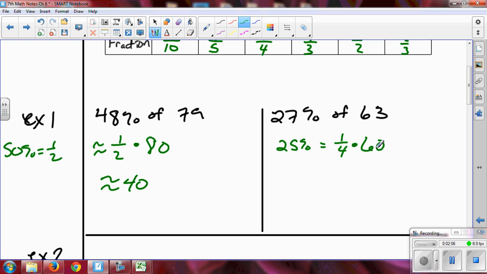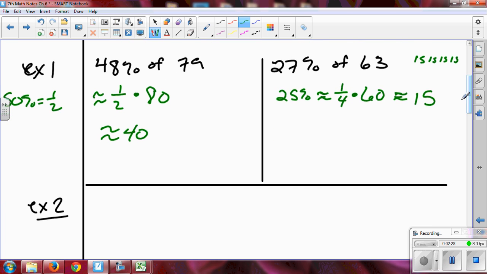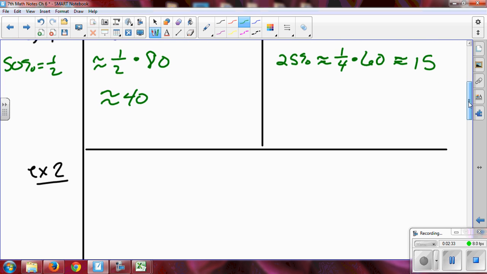One of the reasons I chose 60 is because I know that I can break it up into quarters. So half would be 30, and then break that in half, and we'd have 15. So 4 15s make 60. So 1/4 of 60 is roughly 15. You could choose different numbers, that's fine too, but this is just kind of a rough estimate of how you could do it really easily.